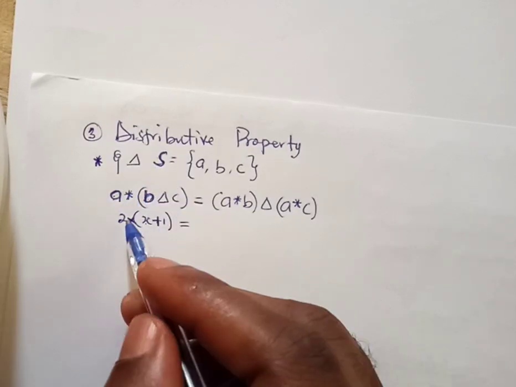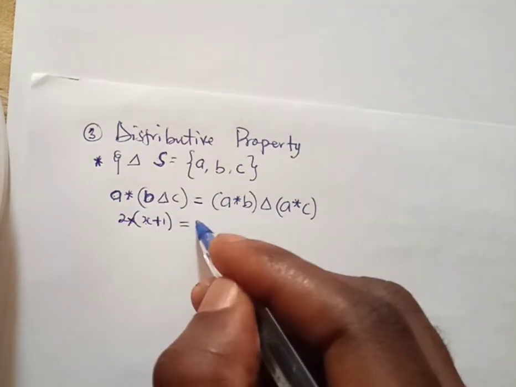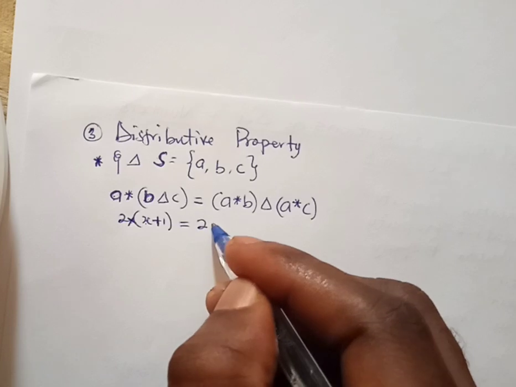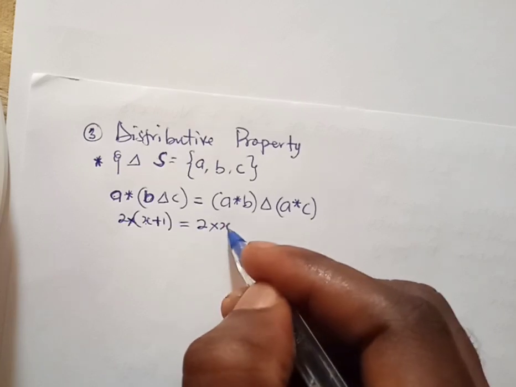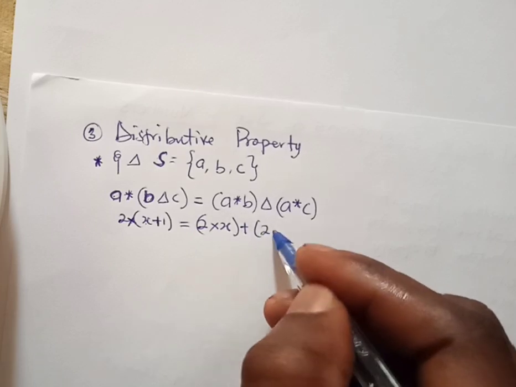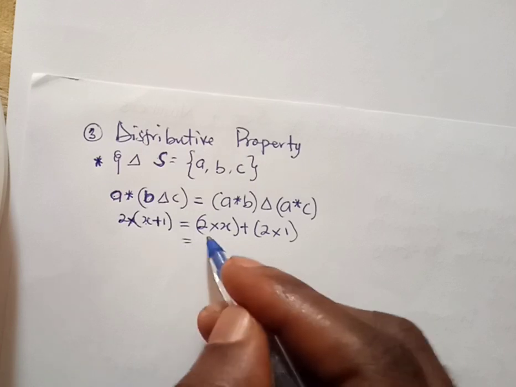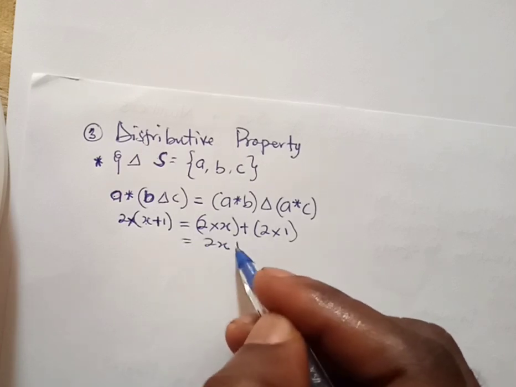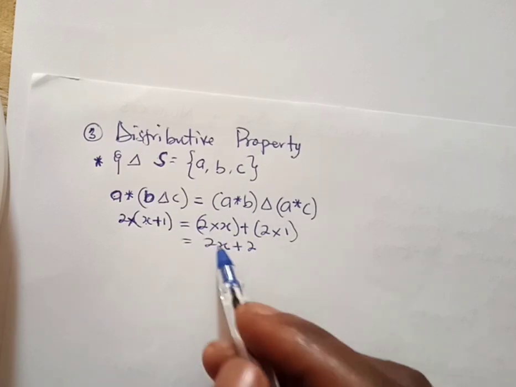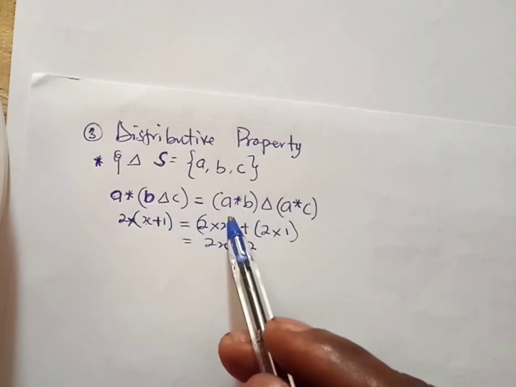All right, so we only have to multiply this by this, so 2 times x gives me 2x, plus 2 times 1. So that is how it is, so that we get 2x plus 2. Have you seen that? That is how this distributive property behaves.